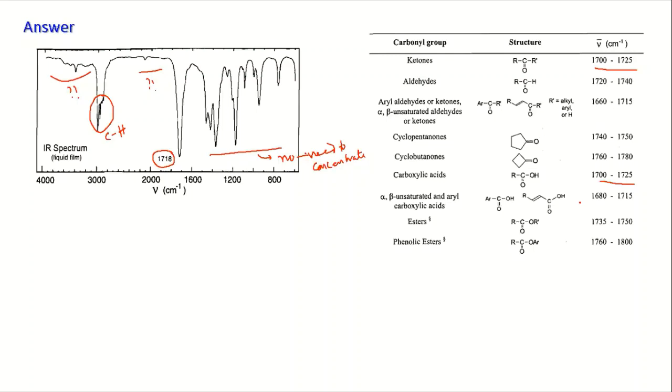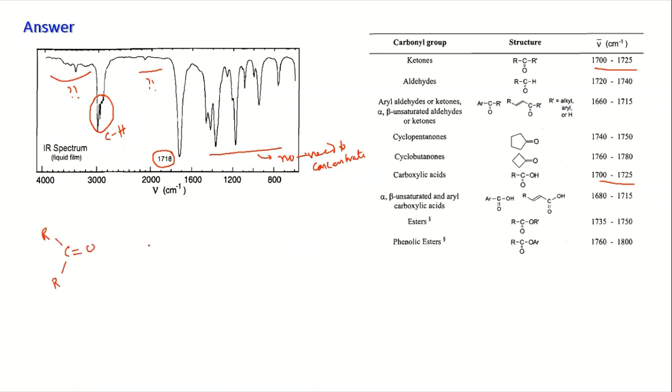So from this particular IR, we can come to the conclusion that this compound may have a C double bond O, and that is keto type.